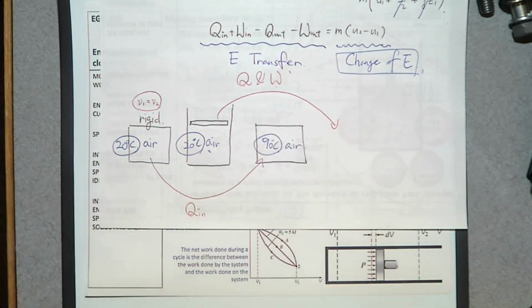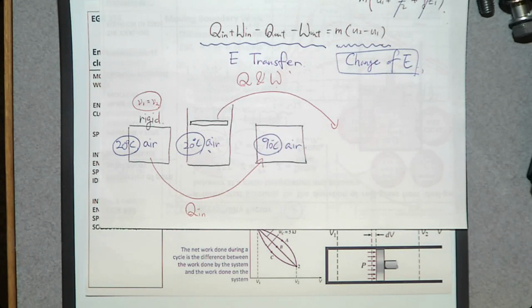So the initial energy of the air in this rigid container and the air in this piston cylinder device are equal, right? Because they are at the same temperature, same kinetic energy, same potential energy, and same phase. So there's no difference in the total energy between this air and this air, right?